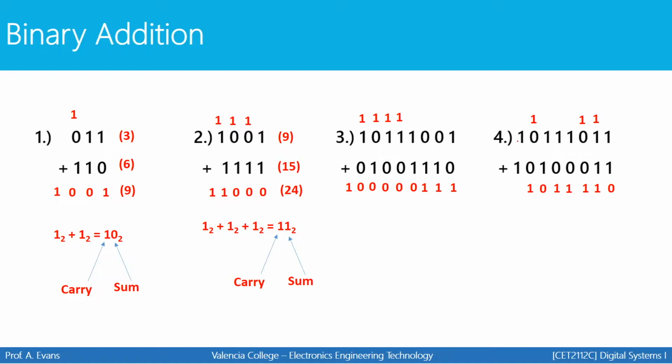And then 1 plus 1 is 0, carry the 1. So this is how we do binary addition. Again, you're always going to want to go back, convert your answers to decimal, and check your work. For numbers 3 and 4, I'll leave that up to you.